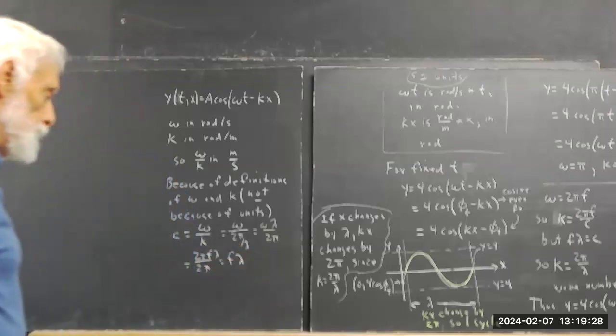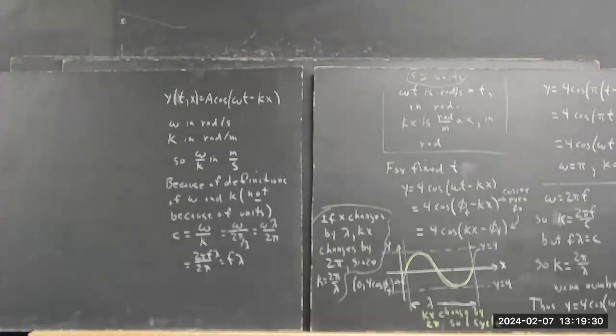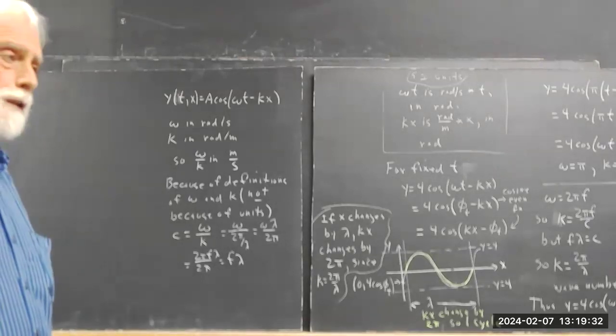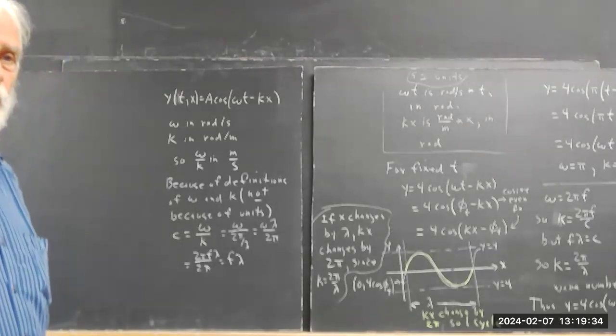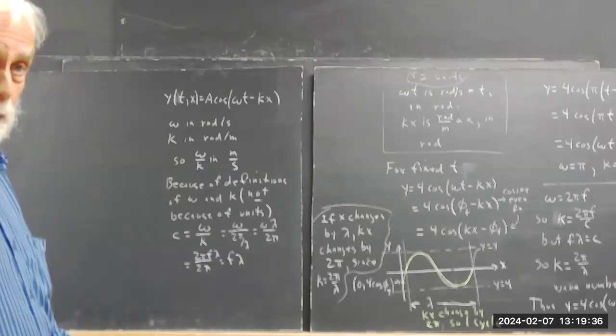So c equals f lambda, which is just common sense introductory problem sets beat into you immediately in a way that you understand.